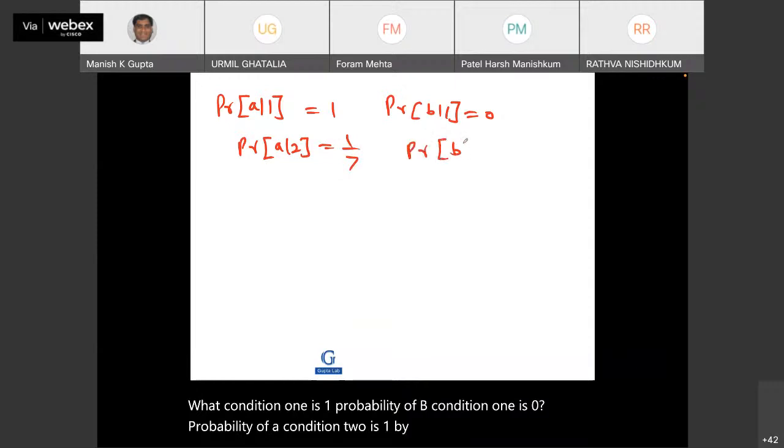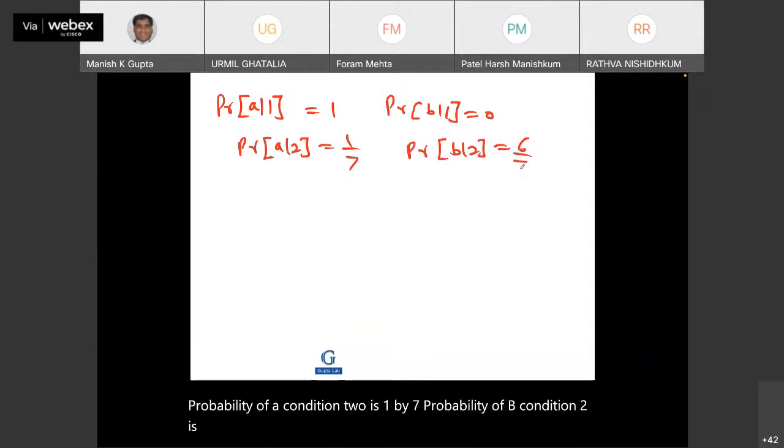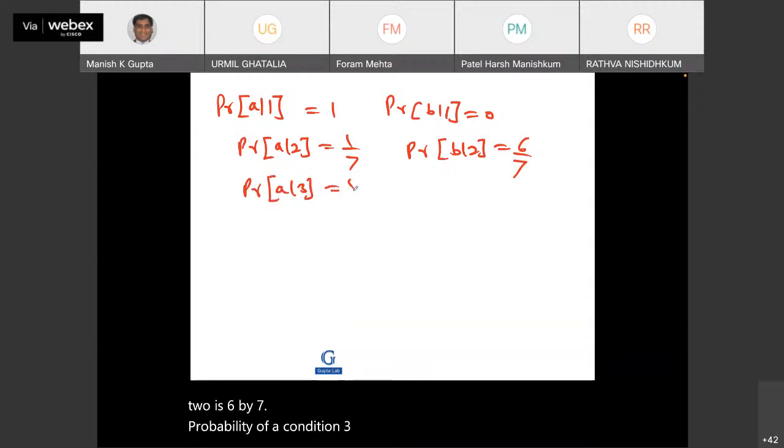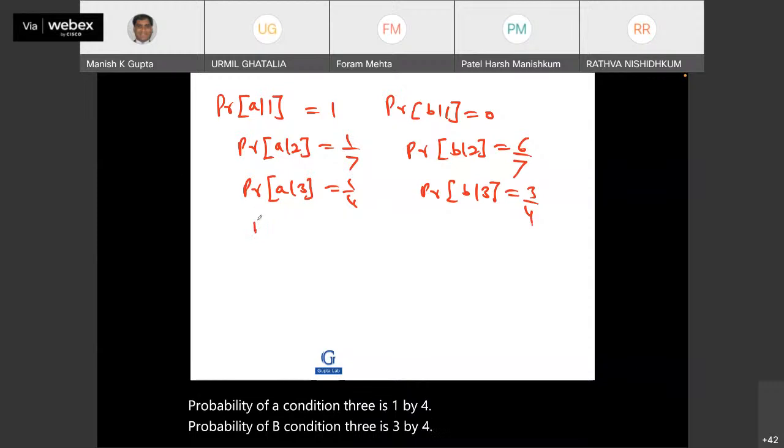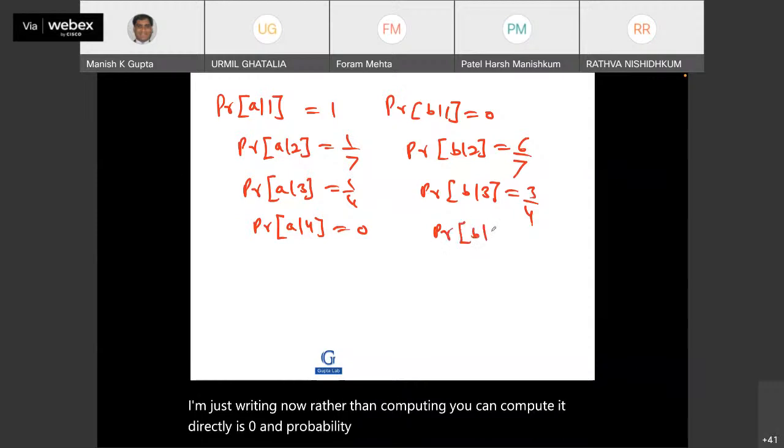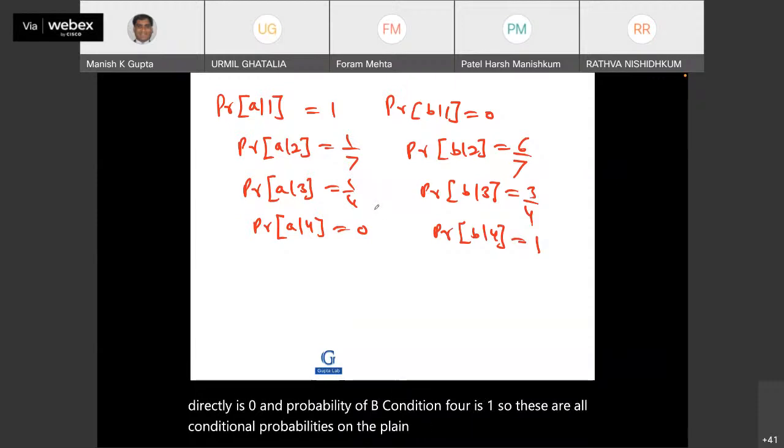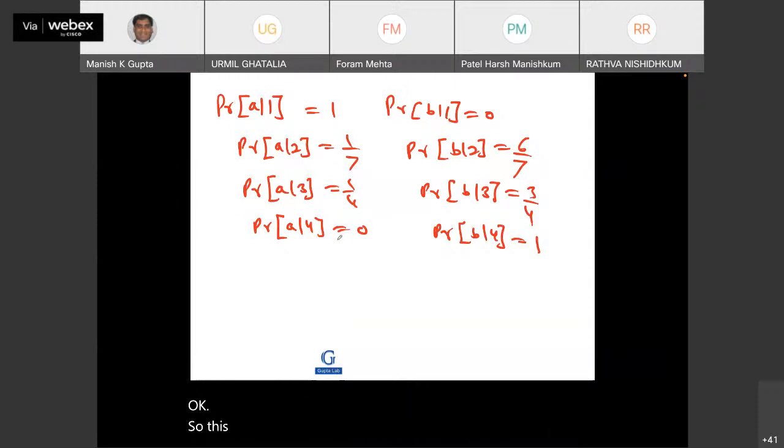Probability of B given 2 is 6/7. Probability of A given 3 is 1/4. Probability of B given 3 is 3/4. I'm just writing now rather than computing; you can compute it directly. Probability of A given 4 is 0, and probability of B given 4 is 1. So these are all conditional probabilities on the plaintext given a certain ciphertext.